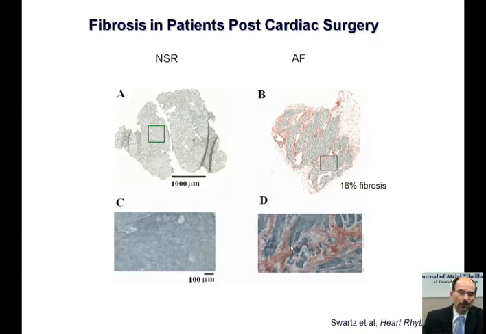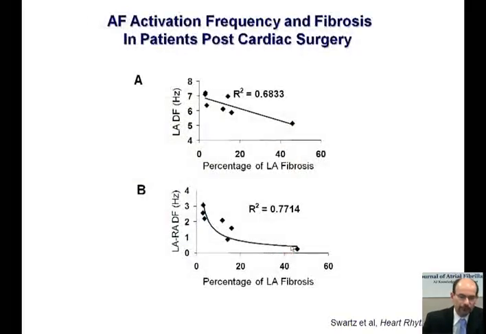We then, of course, looked at the relation of the amount of fibrosis to the frequency of activity to compare our results with previous approaches in animals and cell cultures. And we looked at the dominant frequency in the left atrium, which was the fastest side, and we noticed that the dominant frequency decreases as the percentage of left atrial fibrosis increases.